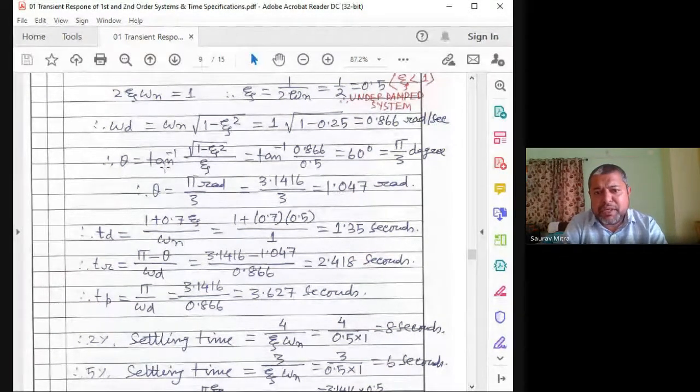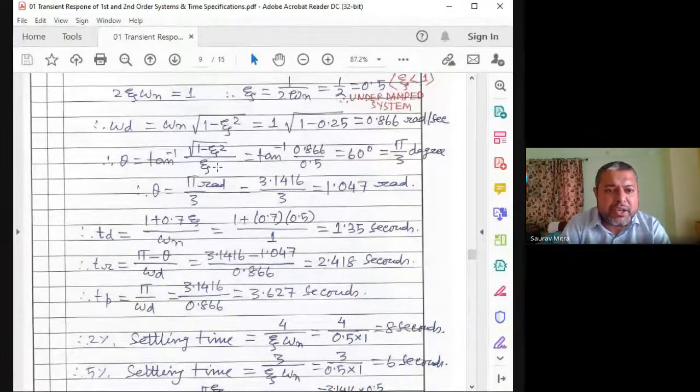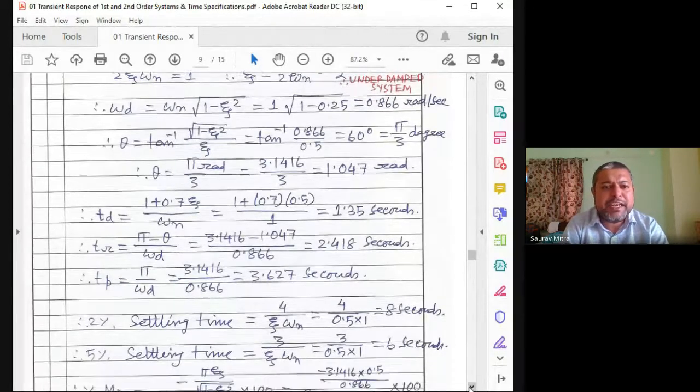So this top line you can ignore, because this is calculated in degree. Degree is of no use. After you find this is 60 degree, you have to convert that into radian, that is 1.047 radian. You have to calculate everything in radian. Only you should know the formula: tan inverse root under 1 minus zeta square by zeta.